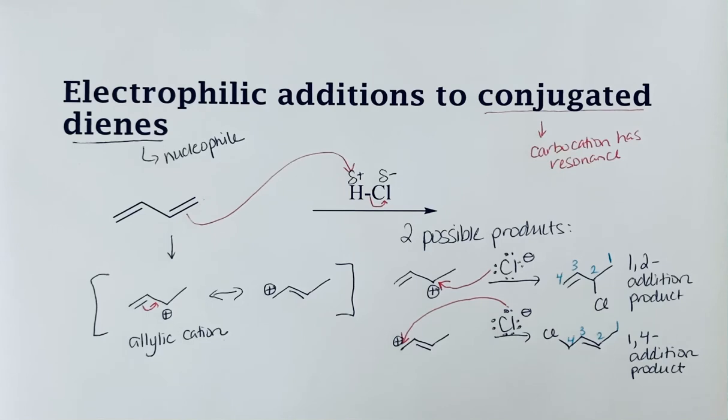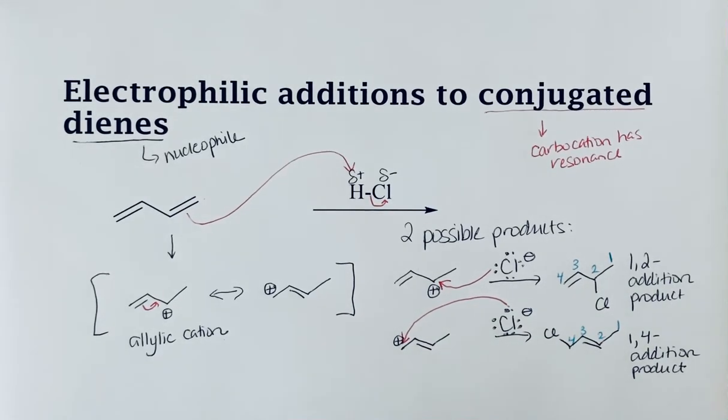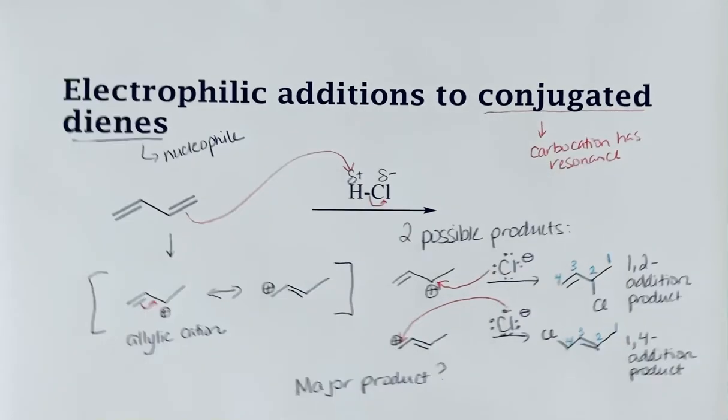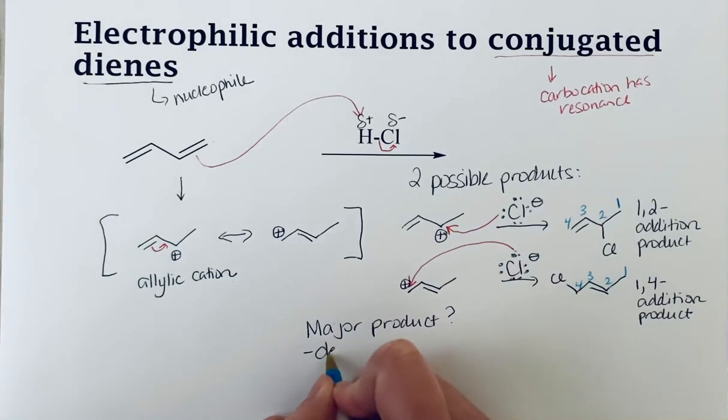So how do we know which product is the major product? That depends on the reaction conditions. So if we're wondering what is the major product of this reaction, it depends on the reaction temperature. So it depends on temperature.